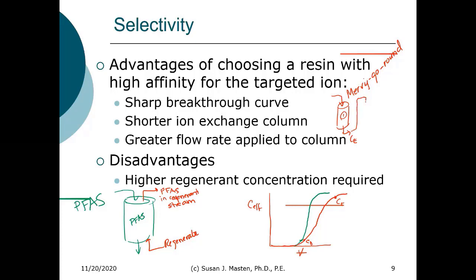But we also have another column here that's essentially a polishing step. And we can have a third column. So this is 2, and this is 3. So hopefully by the time we get through 3, we essentially have captured the radionuclides. When this reaches exhaustion, what we then want to do is we take this offline.